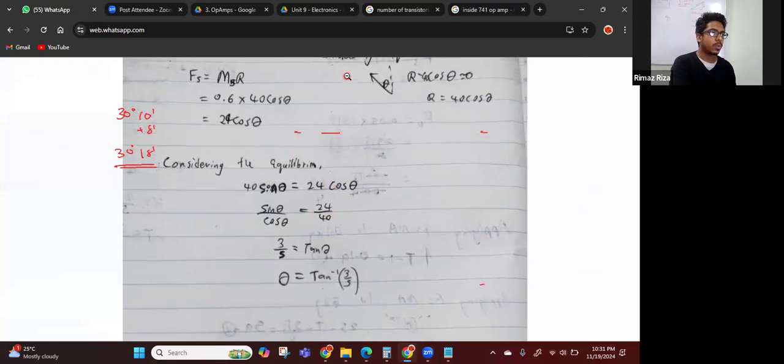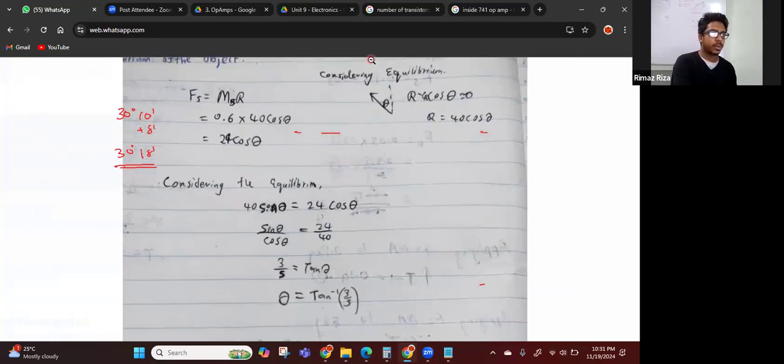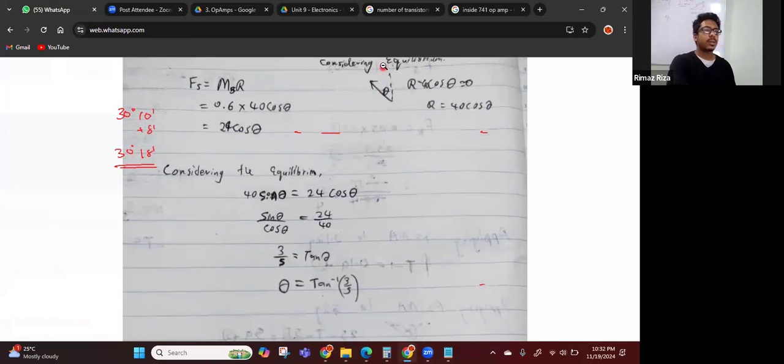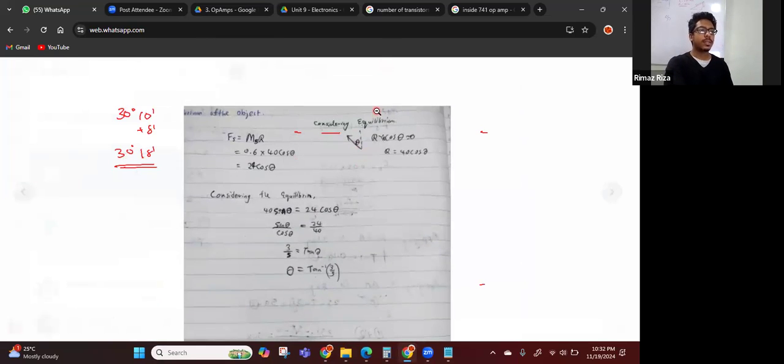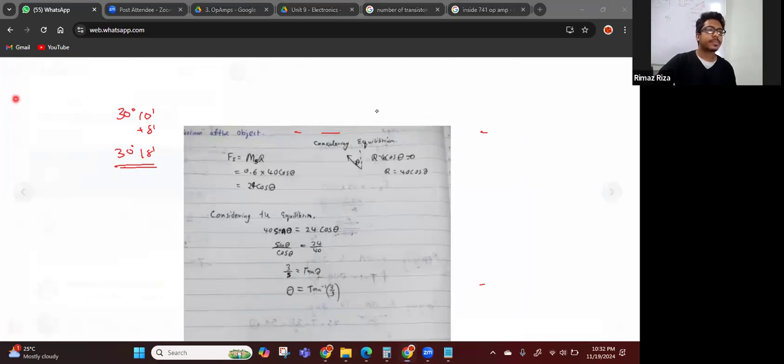Fs equals mu s R, so you have found the Fs value. R equals 40 cos theta. You have considered the maximum angle. At the maximum angle, we write F is less than or equal to Fs.